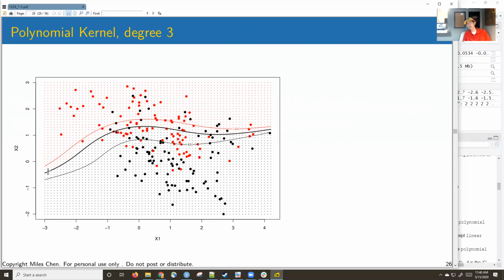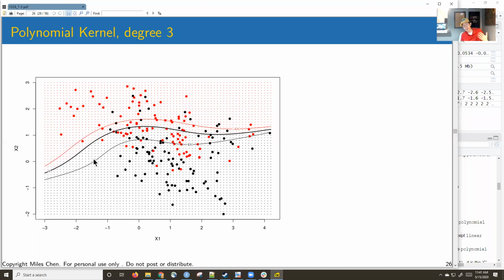And so again, what this is doing is projecting the data into some higher dimensional space. I don't know exactly what the dimensionality is. And in this higher dimensional space, we are drawing some linear hyperplane that cuts through the data. And when you project it back down to 2D, this is the representation. These lines here are basically parallel lines in the higher dimensional space.